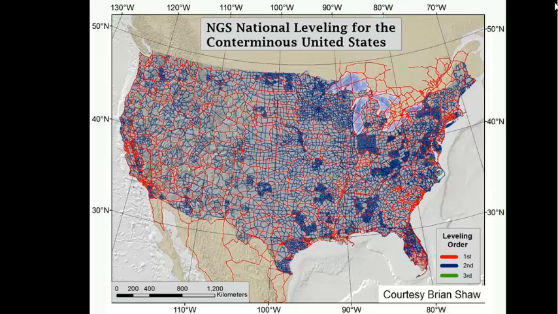If you look at the map, say in Oregon, there's not quite as much leveling done as in some of the other states that have been more active in doing second order leveling, processing that leveling, and then submitting it to NGS for adjustment and inclusion in the network. We still have states that are doing that today. Probably the most active state right now is Minnesota.